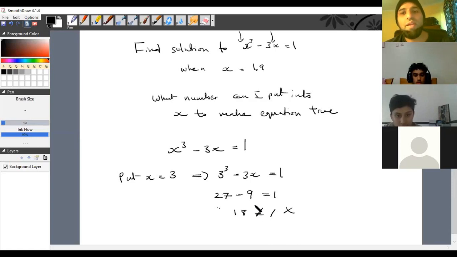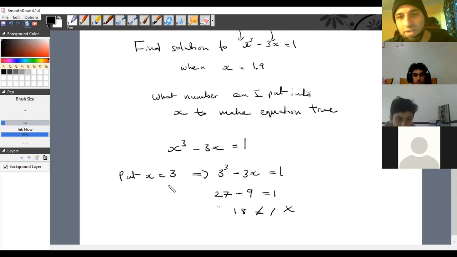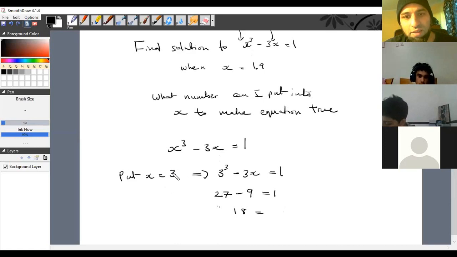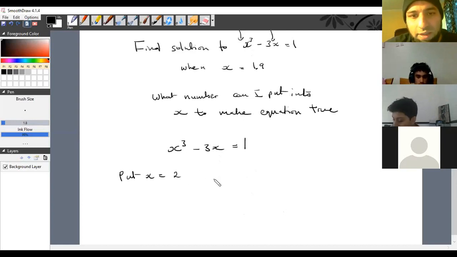Now, let's try and put another number in there. We might put the number 2 in there. So can you guys all see this? Instead of x equals 3, I'm going to go back and put x equals 2 in there. If I put x equals 2, then what do I get? This becomes 2 to the power of 3 minus 3 times 2.